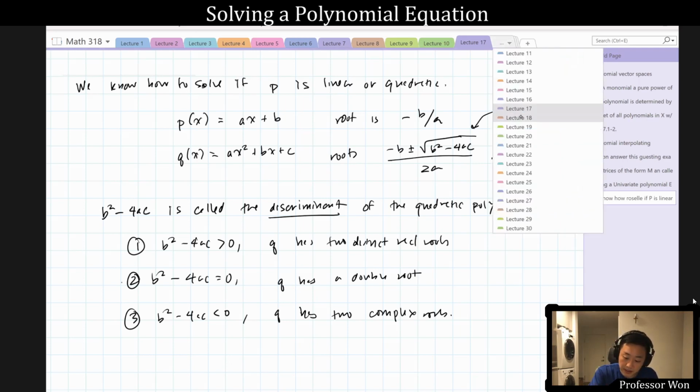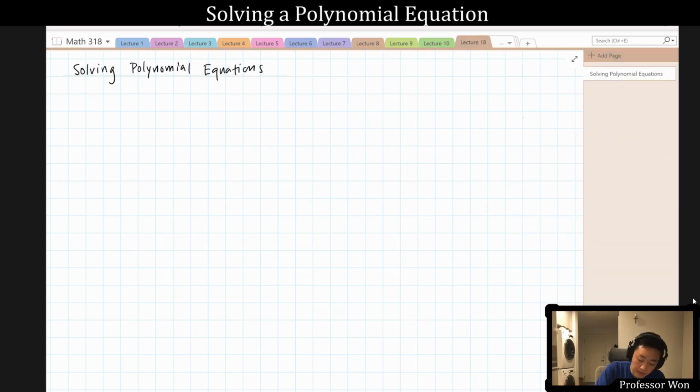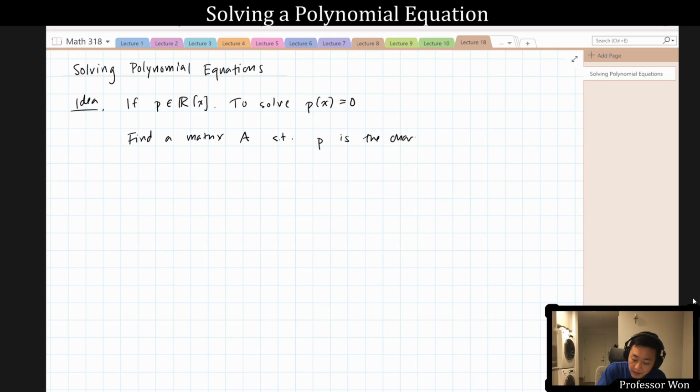Okay, so here's the idea. If p is a polynomial in R adjoin x in one variable, then to solve p of x equals 0, in other words, to find the roots of p, we could find a matrix A such that p is the characteristic polynomial of A. Let's call this A sub p because it will depend on p.